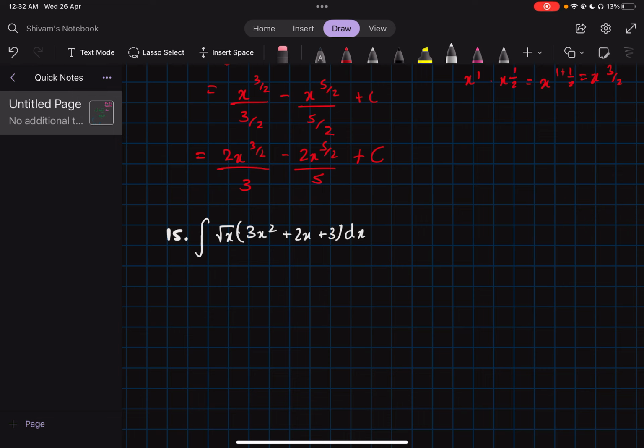So you know that root x is just x to the half power, and according to the laws of exponents, we'll just add the powers. So this gives you 3x to the 2 plus 1 by 2. So that's just a 5 by 2. You can confirm it on the side if you'd like. So that's a 5 by 2. So 3x to the 5 by 2.